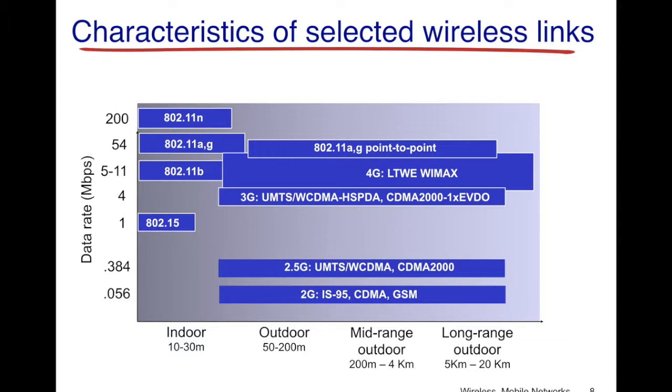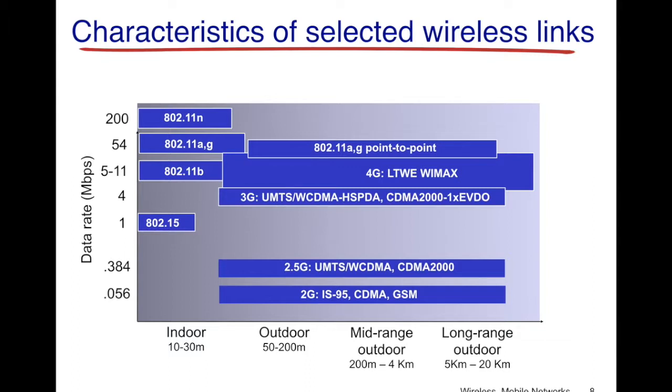First we had 2G, where the data rates were excruciatingly slow. Then there was 2.5G. Then there was 3G, where the rate was around 4 megabits per second. Then we went on to 4G, which is around 10 megabits per second. And with 5G, this technology is going to improve and we are going to get faster data rates, which just means that we will be able to surf videos and play interactive games much more easily.